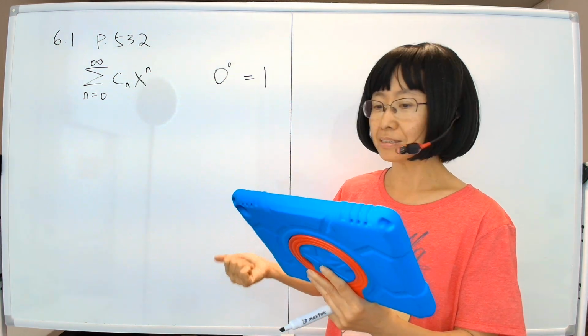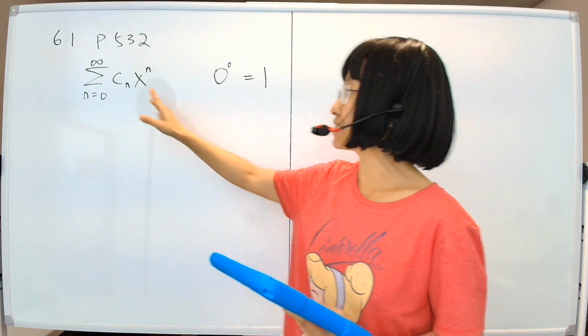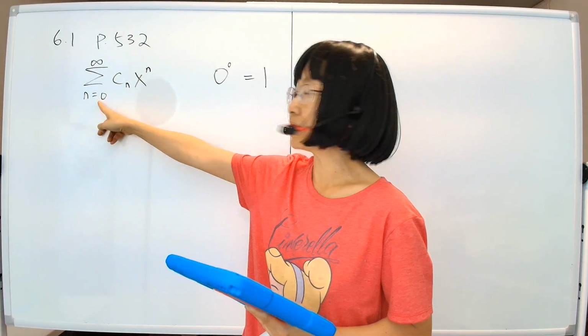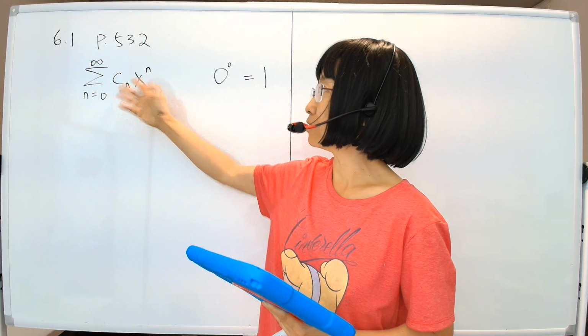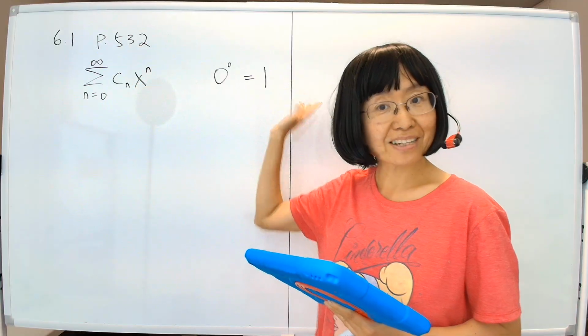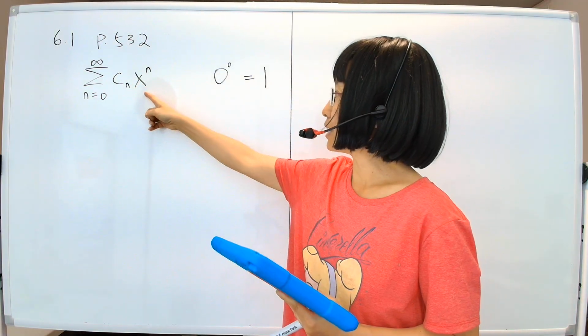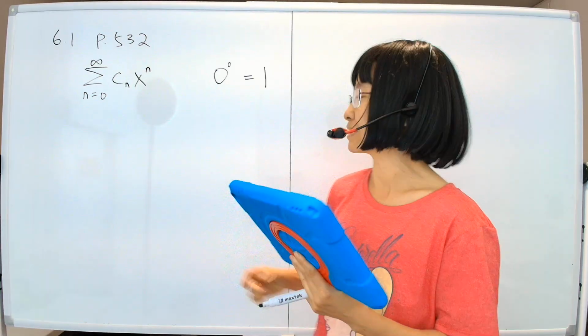It always converges at 0 because if x is 0, then everything gets knocked out, except the first term where n equals 0, where it becomes c0, because everything else has an x in it and becomes 0. That's why 0 to the power 0 has to be defined as 1 for power series.